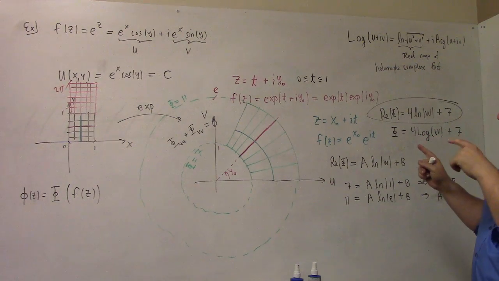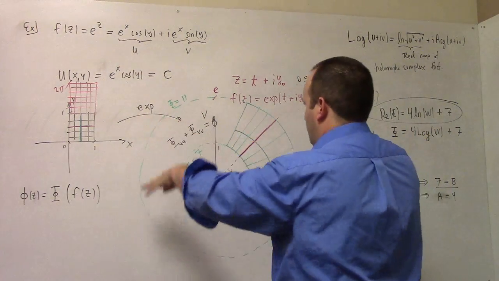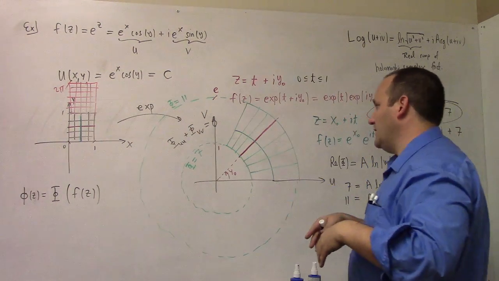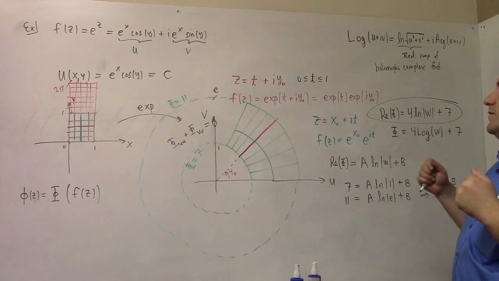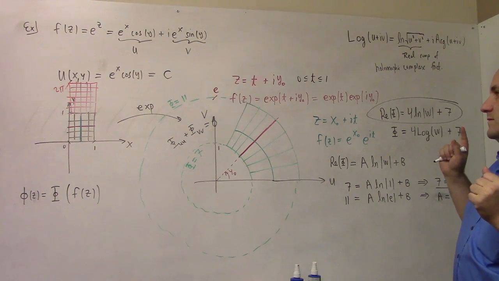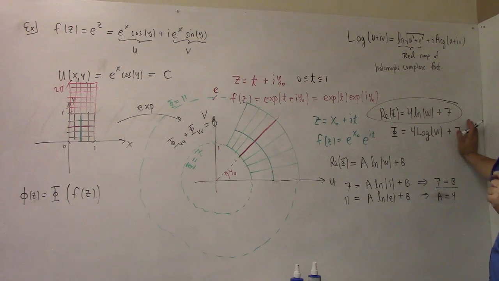Now, technically, there is a little trouble for the argument. You can't make the argument go all the way around. The argument will solve Laplace's equation on a slit annulus.